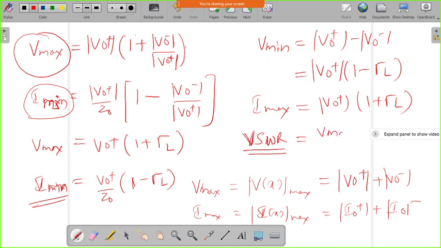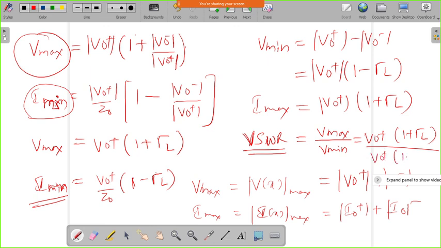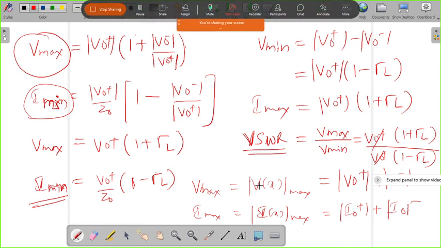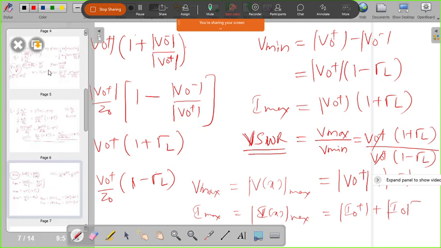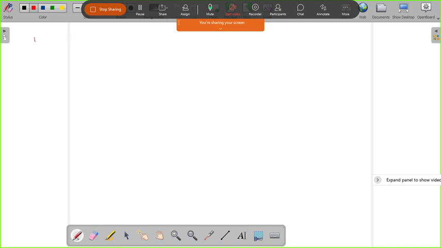It gives the ratio of V max by V min. The V max we have defined in terms of gamma L, so V naught plus into 1 plus gamma L, divided by V min, which we have written as V naught plus into 1 minus gamma L. Now the V naught plus terms cancel each other, and VSWR we can write as 1 plus gamma L divided by 1 minus gamma L. That is what we define as VSWR in terms of voltage.